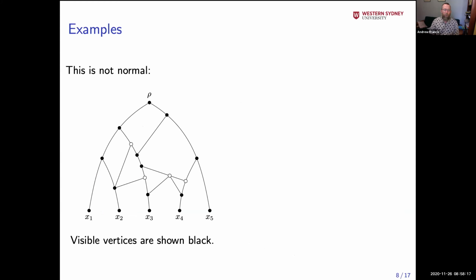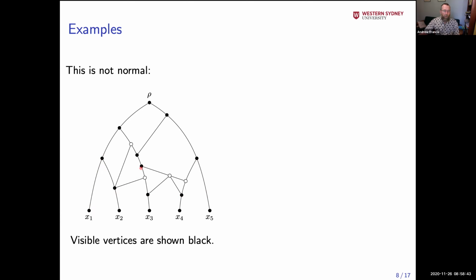Just for example, this is that initial example I showed a couple of times already. The visible vertices are shown black. I think this was the one I highlighted earlier in red. That's a visible vertex. All of these vertices that are immediately above leaves are going to be visible, because there's no way to get from the root to the leaf without going through the immediate ancestor of a leaf.